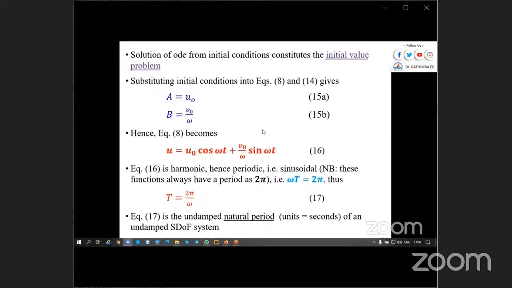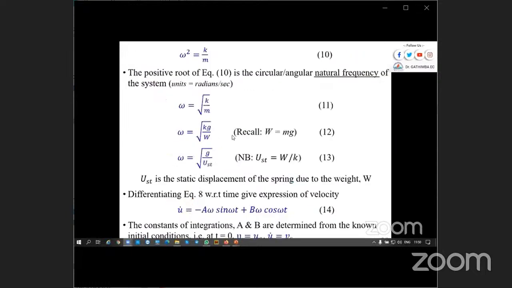Good. So we are solving from the initial condition. We already said that the initial displacement u at time t equal to 0 is u naught, and the velocity is v naught.